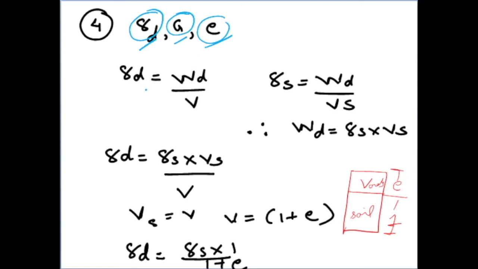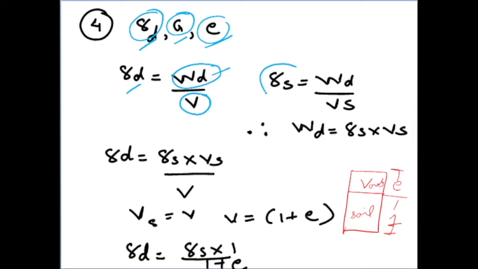Density is nothing but weight by volume. What is dry density? Dry density is nothing but weight of the dry solids divided by the total volume V. Okay, now what we shall do is, instead of keeping this as Wd, that is weight of the dry solids, let us replace it by some other terms.